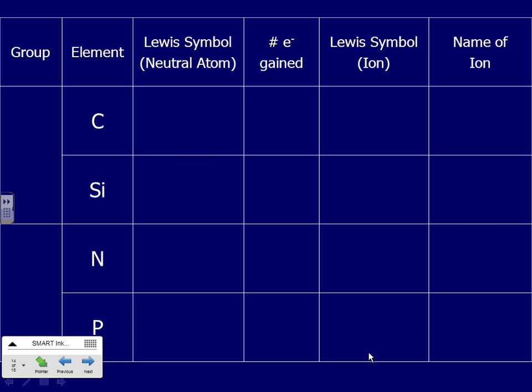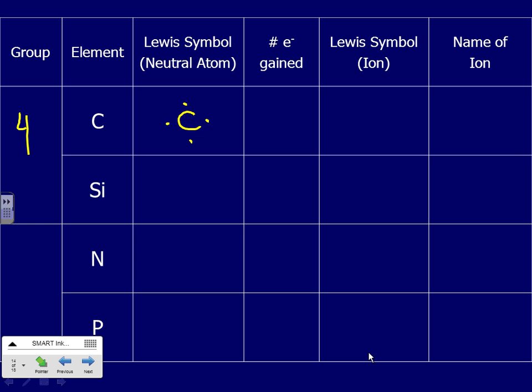All right. So, starting with carbon. Now, carbon and silicon are in group 4. And we're going to have them gain some electrons, because we're talking about negative ions. How many dots around carbon? 4. 1, 2, 3, 4.